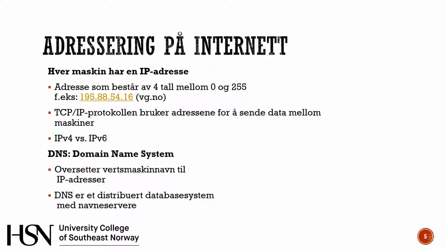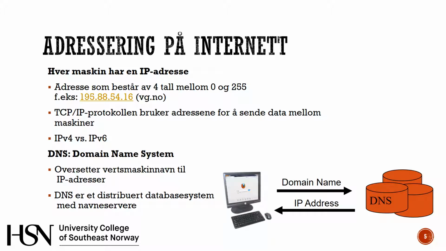Instead we just type vg.no and we get to the website we want. Thanks to the Domain Name System, or DNS, we can translate such number strings into a human-friendly phrase. We can consider DNS as the phone book of the Internet.